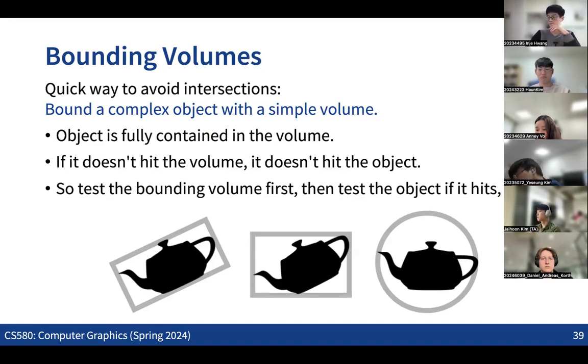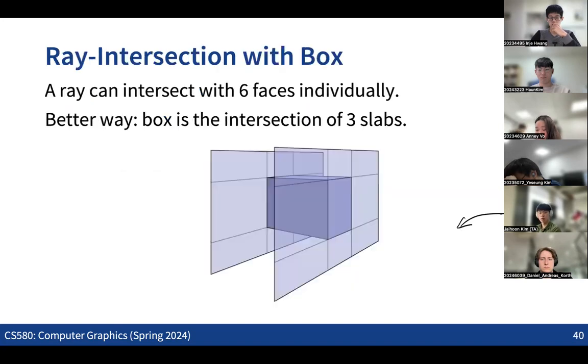So what kind of primitives can you use? We can also use a sphere, because we already know how to compute the intersection with a sphere, and a box, or whatever we want. One idea is using axis-aligned bounding boxes. If we use axis-aligned bounding boxes, we can see that all the boxes can be represented as 3 pairs of slabs.